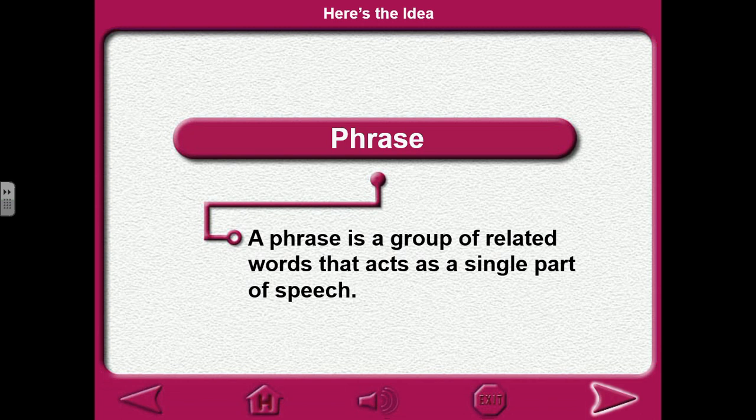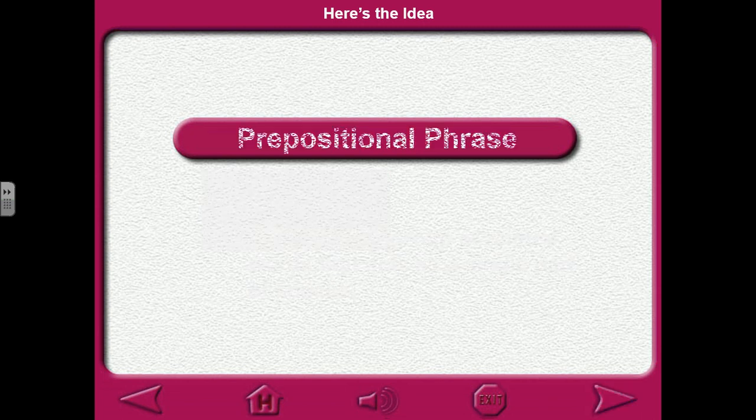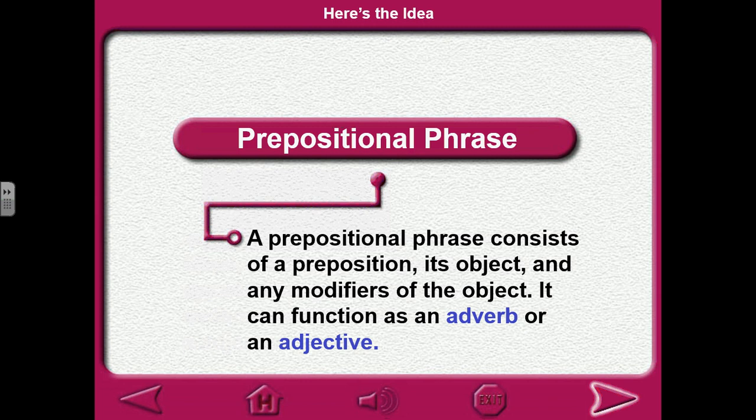So we have to start thinking not so much in single parts of speech, but phrases acting as single parts of speech. So a prepositional phrase, as we know, is a phrase that consists of a preposition and its object and any modifiers that modify that object.